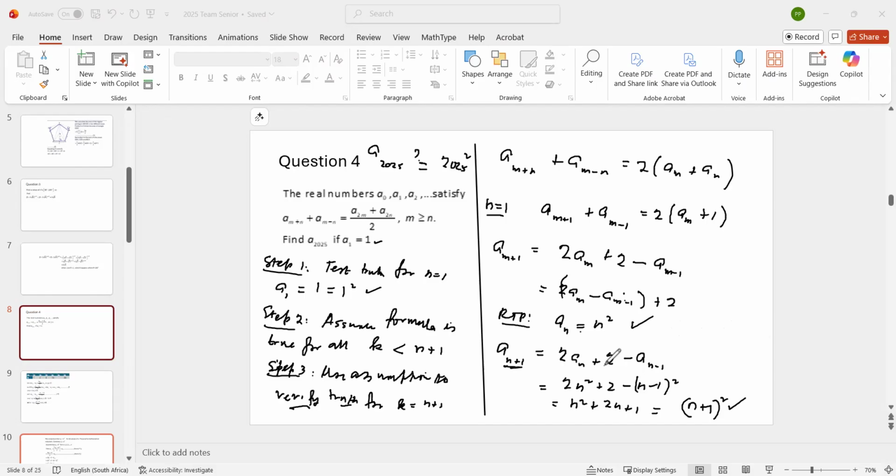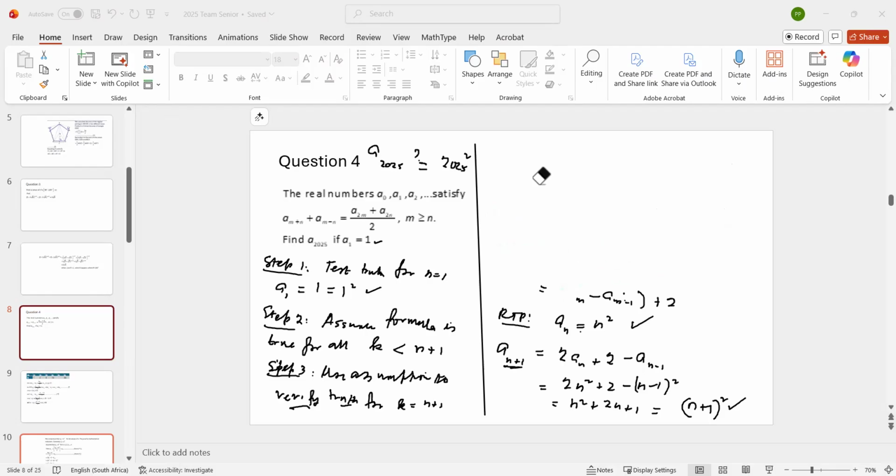What about 7? What about 8? What about 189? Right? We don't know all that. So why this induction method works is the following. I just want to tell you why this induction method works, why you can conclude that now. Actually, step 4 is the conclusion: the formula is true for all values of n.